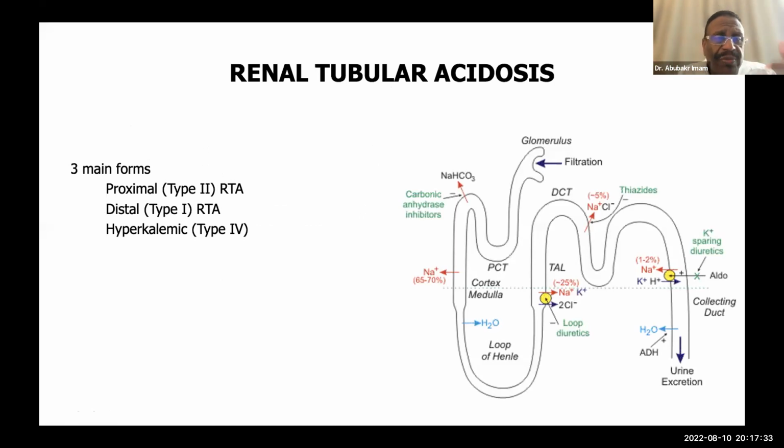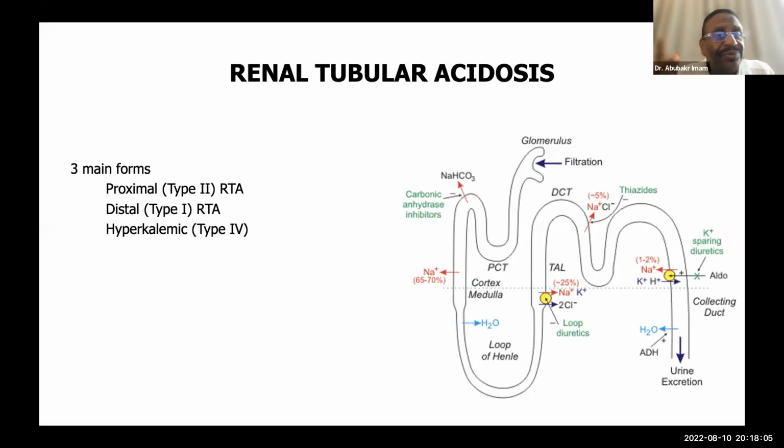We think the proximal should be 1, the distal should be 2, and then 3 and 4 would follow. However, the first one discovered was the distal RTA, and that's why they call it RTA at that time. Then they discovered the second one, which is the proximal, after that. Then they relabeled the first one as type 1, and this one is type 2.